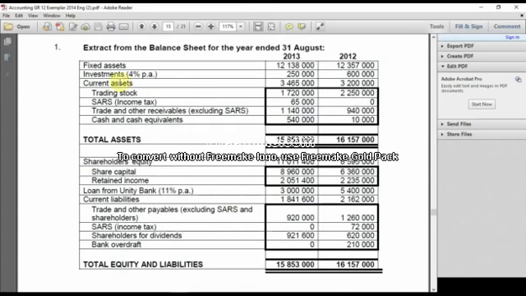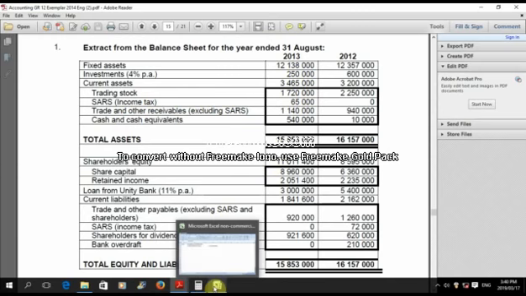So we have our current assets section. We are interested in 2013. We have our total current assets, and amongst that we have the trading stock that we need to subtract. So we have 3,465,000 minus the 1,720,000.